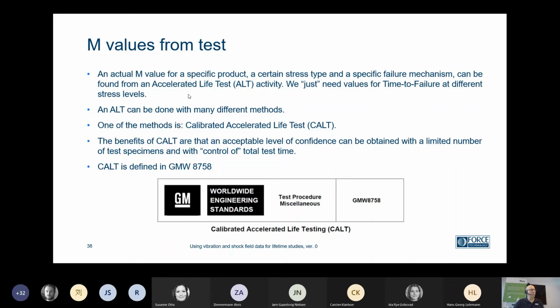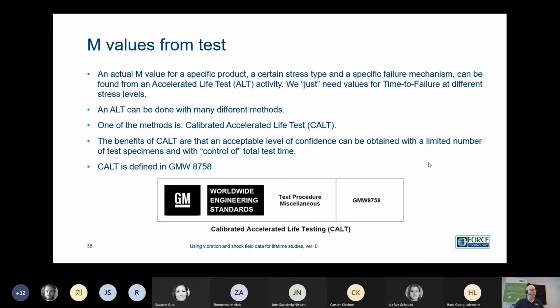There are many different methods you can use in accelerated life testing. One of the methods is called calibrated accelerated life test. It's defined in a GMW standard. From my point of view, the benefit of this one is that you can get a reasonable amount of confidence in the results with a limited number of test specimens.